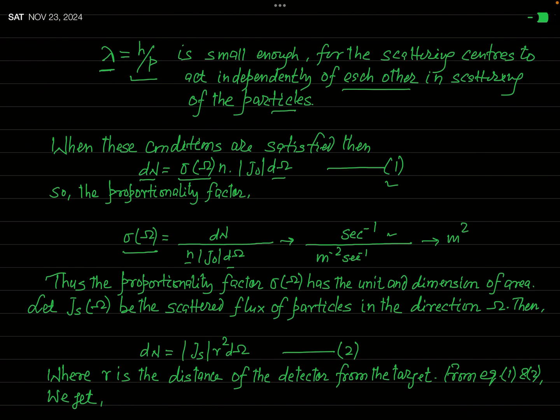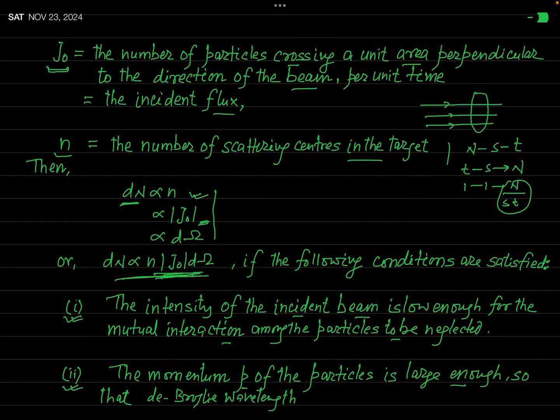And J naught is the number of particles passing through unit area in unit time. And you have seen that J naught is equal to this much. This is n divided by s times t. N is a number, so it is unitless. So this is 1 over, and the unit of s is meter square, and the unit of t is second. So its unit will be meter inverse square, second inverse.